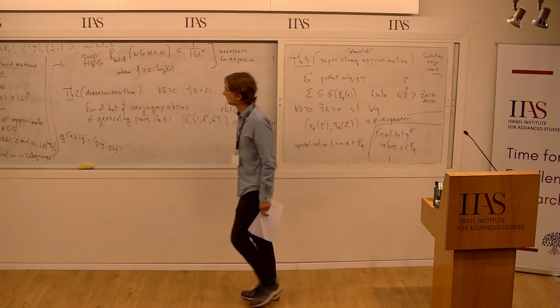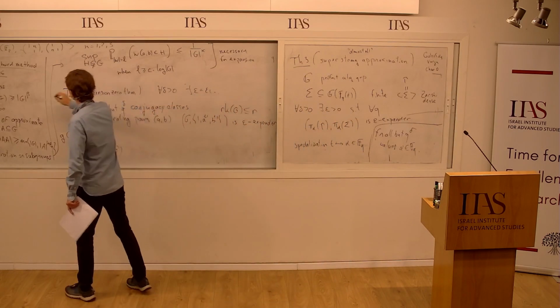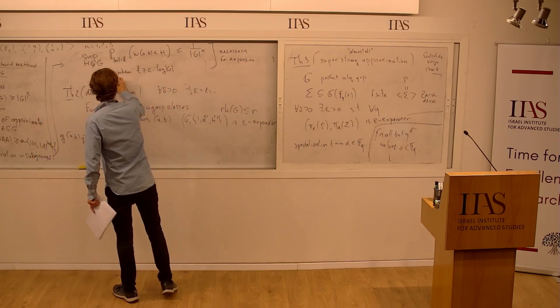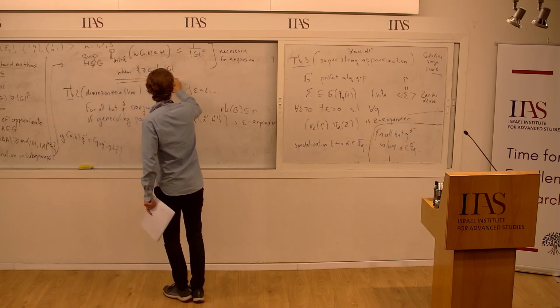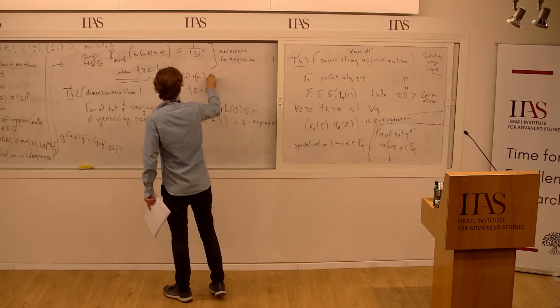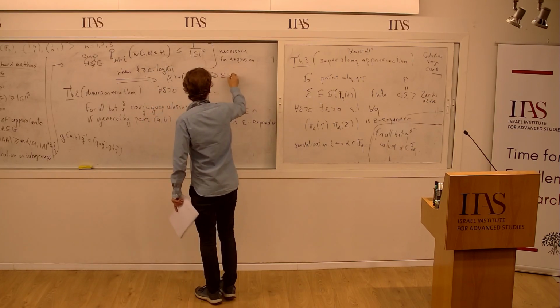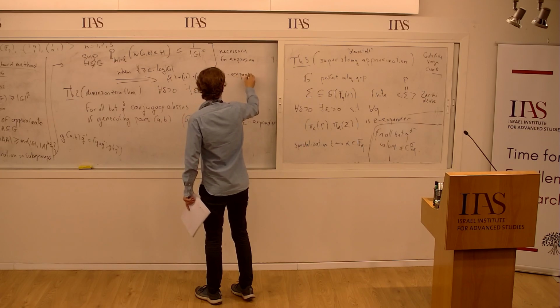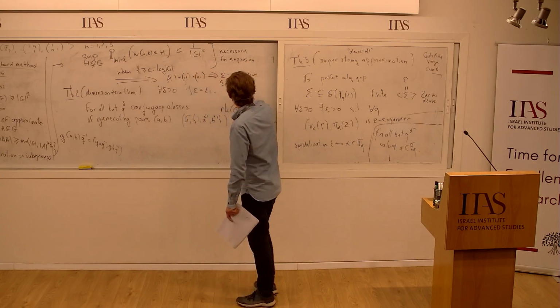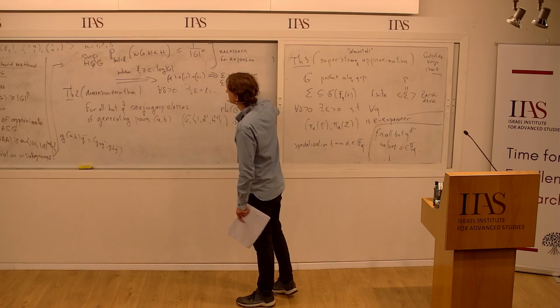And what's the punchline of the Bourgain-Gamburd method? Well, the punchline is that if you have 1, 2, and 3, then this implies epsilon expansion, where epsilon is a function only of these parameters, of kappa, c, beta, and epsilon 0.